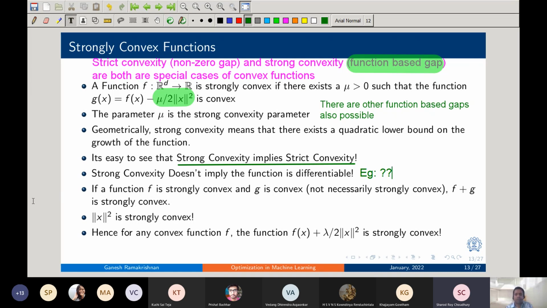The hinge itself. Right. If f is hinge, add this mu by 2 norm x square, and if you add this mu by 2 norm x square to a hinge loss, you'd get strong convexity, but it's not differentiable.